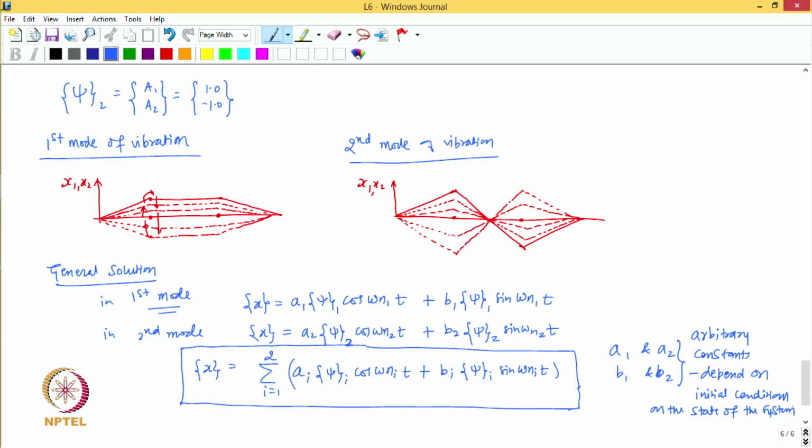And here, this being a second order system, the state vector describing the state requires specifying two variables for each mass, right. For both degrees of freedom, we need to specify two values, for example the displacement and velocity, to prescribe the state. So, when we know the initial conditions in terms of displacement and velocity of both the masses, we can find these arbitrary constants.